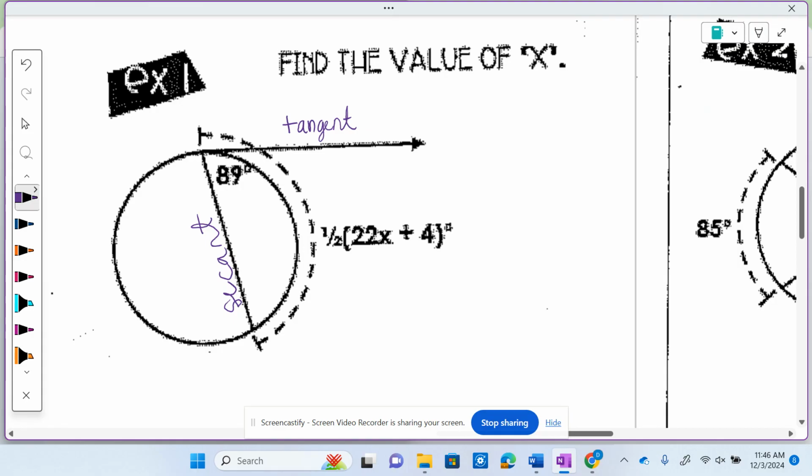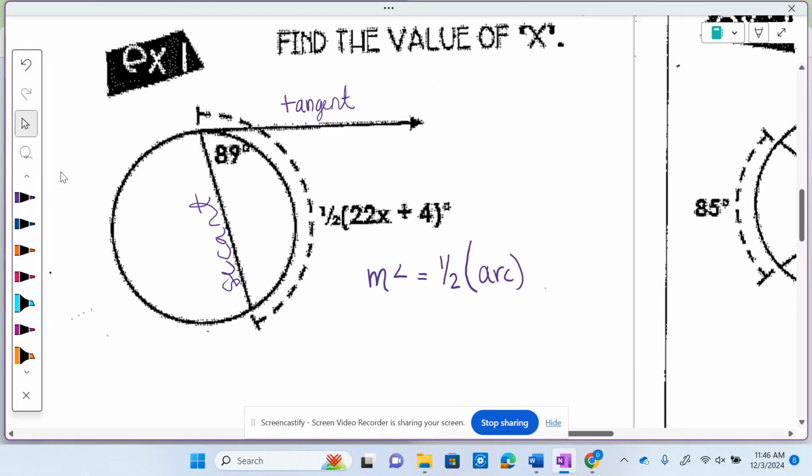Remember that the measure of the angle equals half of the measure of the arc. So what is the measure of the angle? 89. So 89 equals half of the measure of the arc.